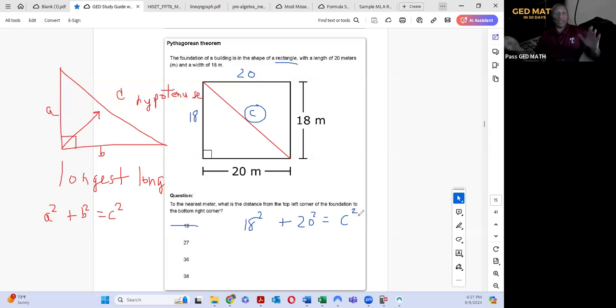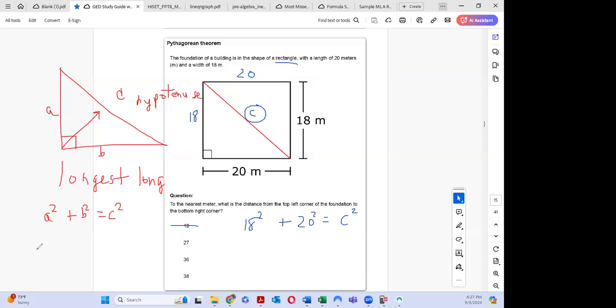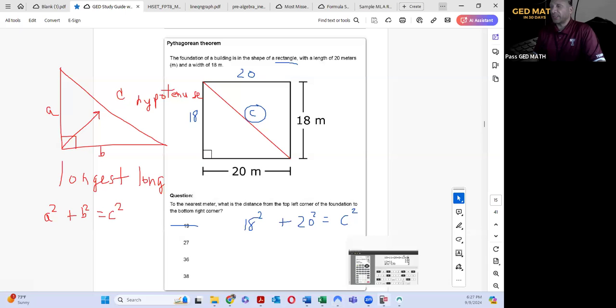Now, to me, I would use my calculator, because does anybody know what 18 squared is? Is it 64? No, not 18 squared. That's 8 squared. 18 squared is a big number. So again, we can use our calculator.